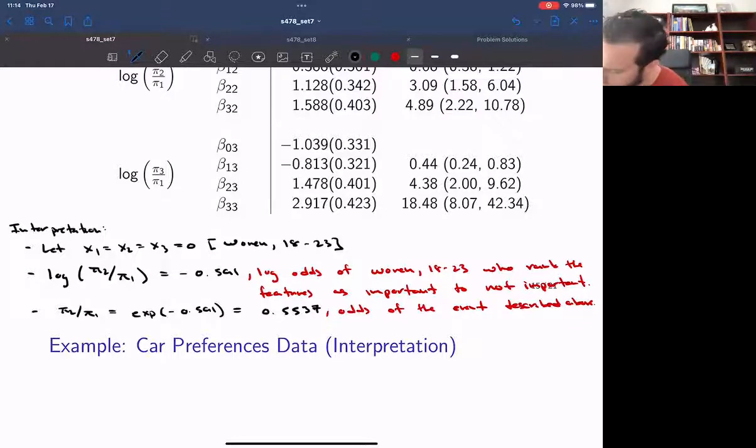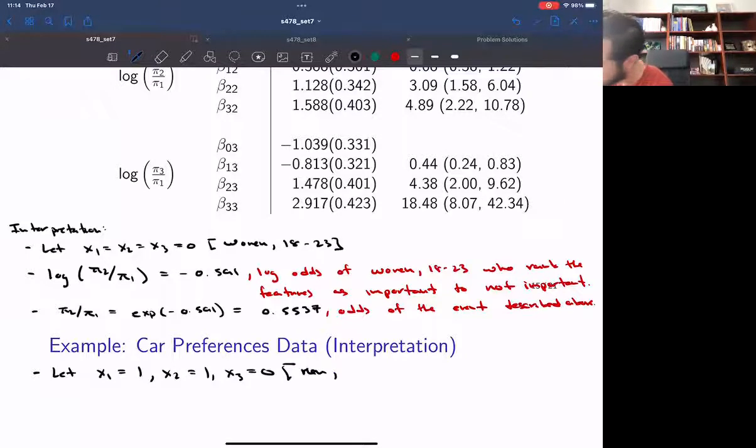So for example, let's say we consider x1 equal 1, x2 equal 1, x3 equals 0. Okay, so now we are considering men who are aged 24 to 40.